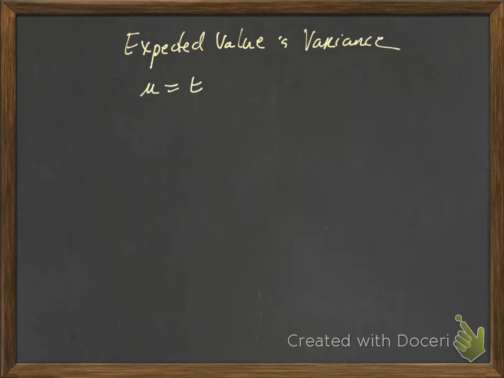All right, let's talk about expected value and variance. Both of those are true in the discrete or the continuous case. Mu is interchangeable with the expected value, E of x, and sigma squared is interchangeable with the variance of x. In the discrete case, we'll make our columns again.